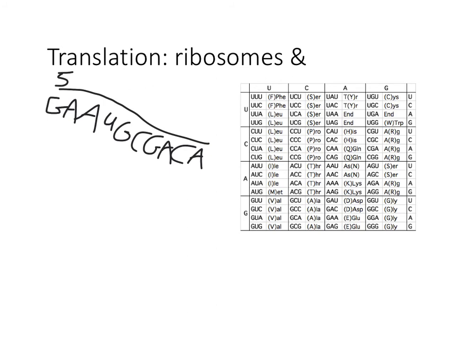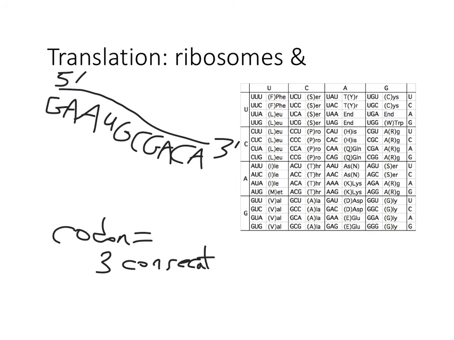So if that is a eukaryotic transcript, what protein does it produce? Here's the codon table, and we know that ribosomes read codons, groups of 3 consecutive nucleotides.